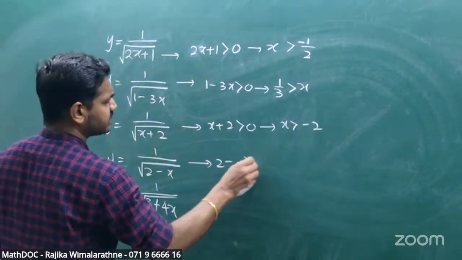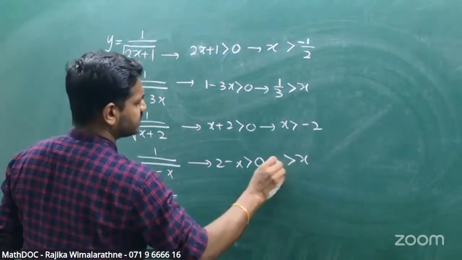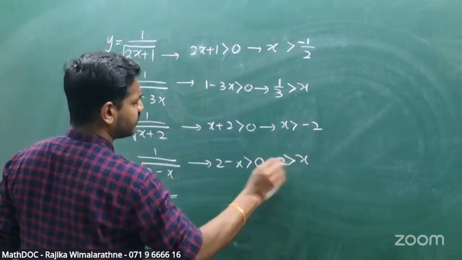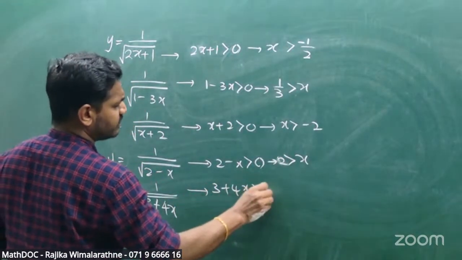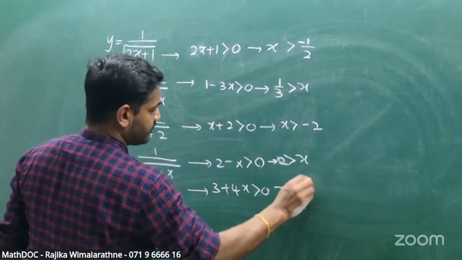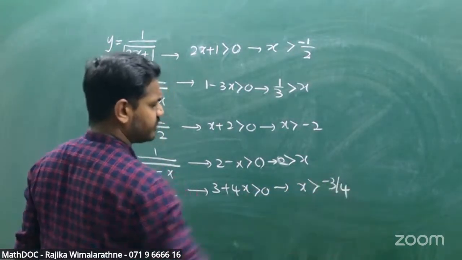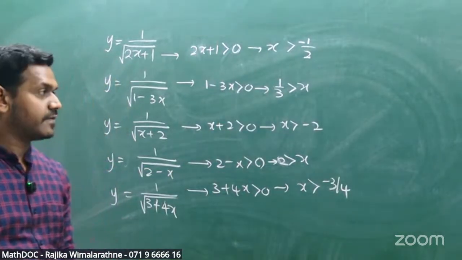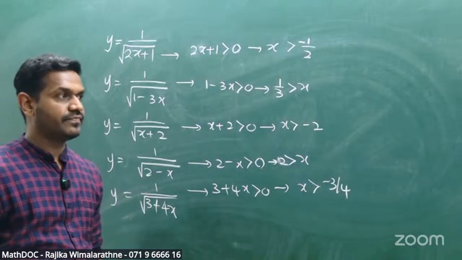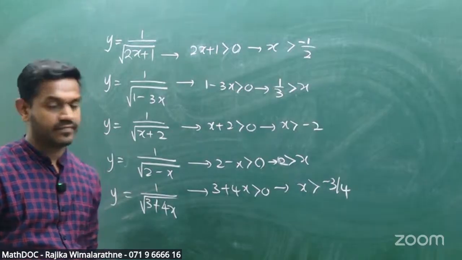Here 2 minus x greater than 0, x less than 2. 3 plus 4x greater than 0, x greater than minus 3/4. These are the domains. Check your answers.